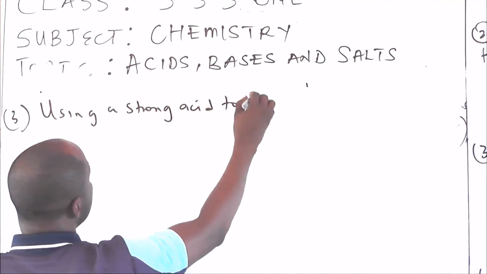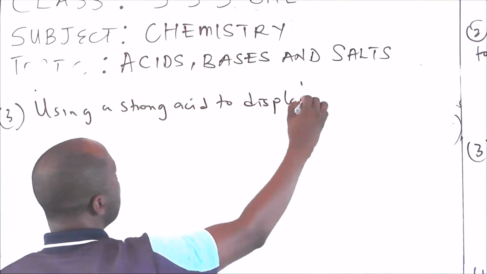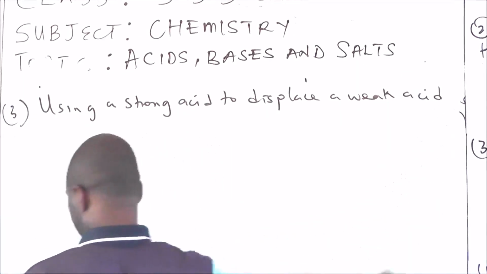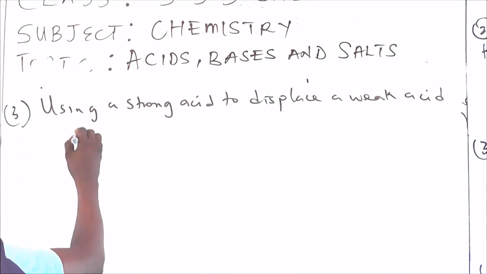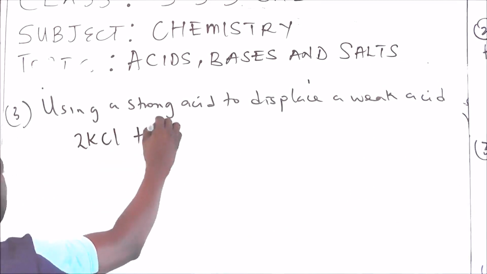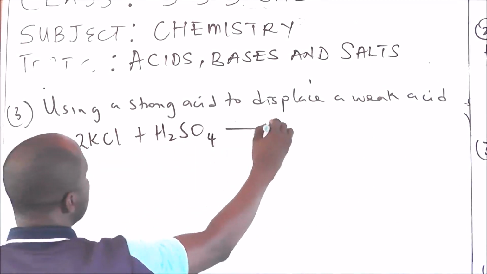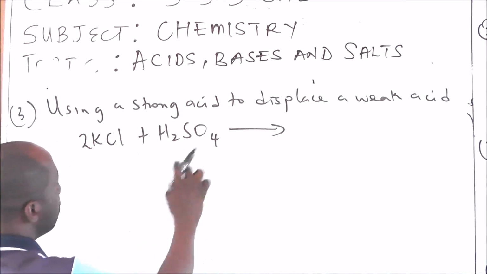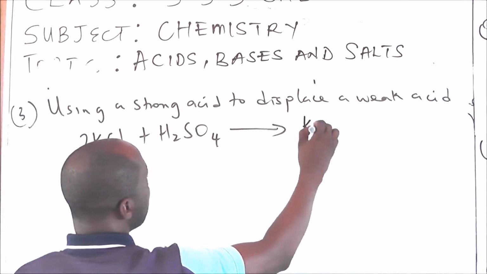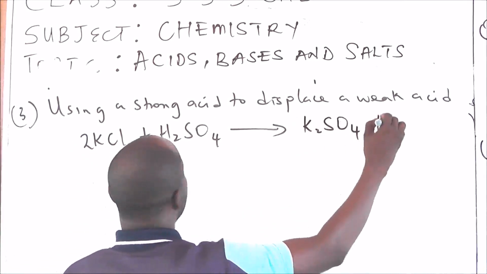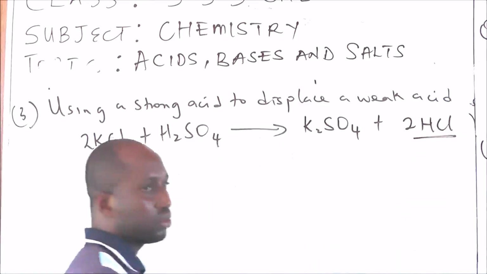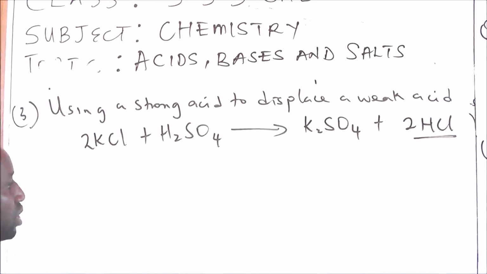For example, we have potassium chloride and H2SO4. What am I going to have here? Look at this. This gives us K2SO4 plus 2HCl, hydrochloric acid.